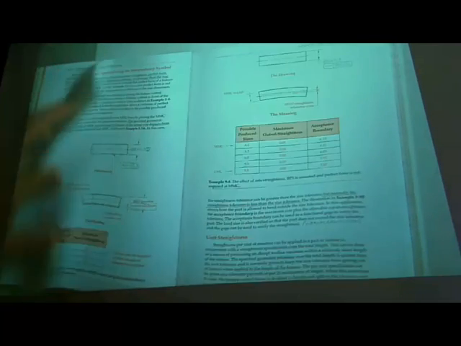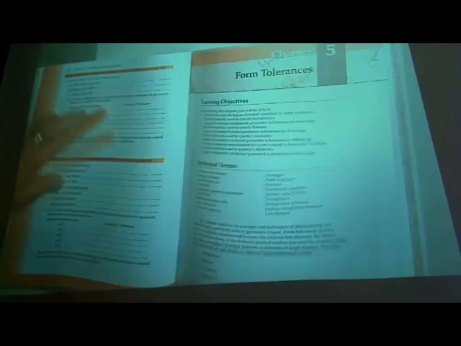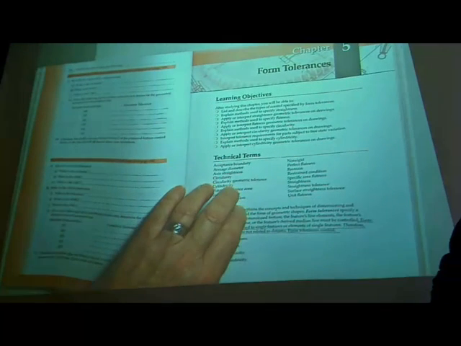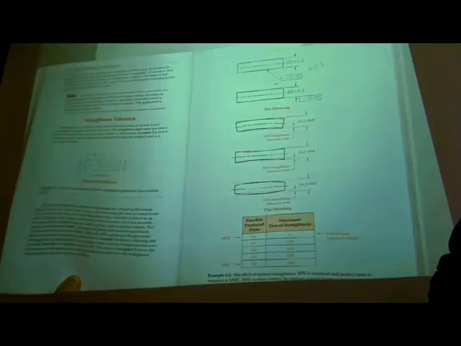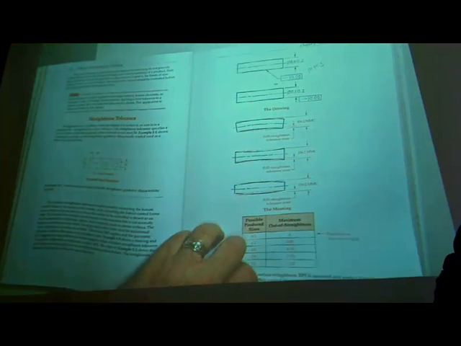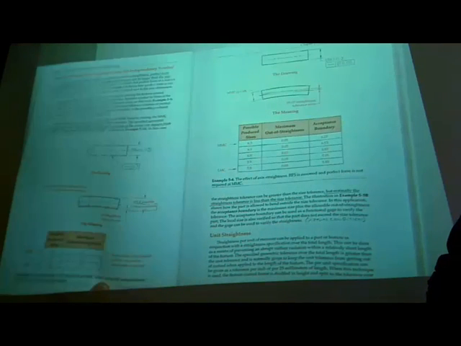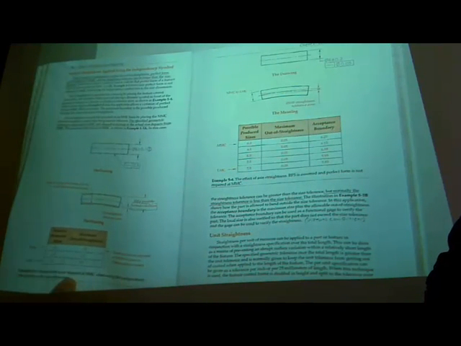The form tolerances, 4 characteristics. Just to recap: straightness, flatness, circularity, cylindricity. Applied at RFS or at MMC, we have straightness tolerance of a shaft.